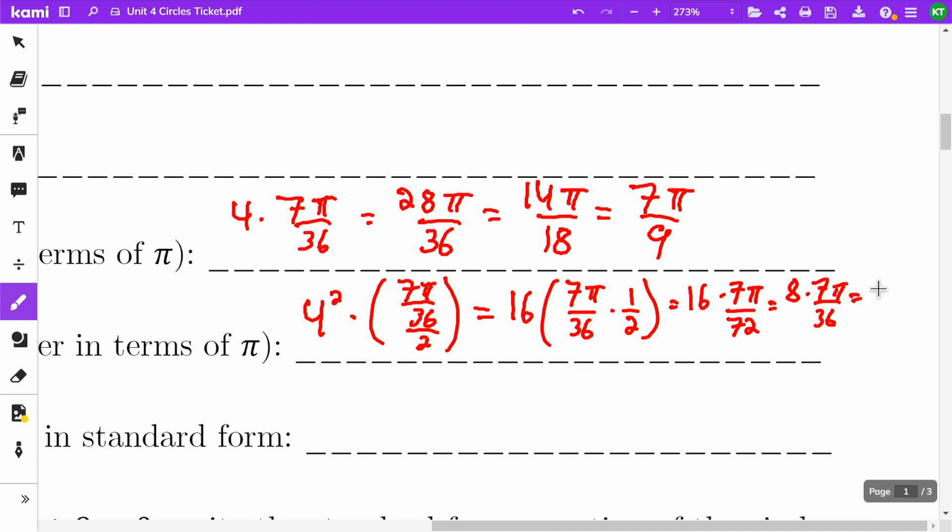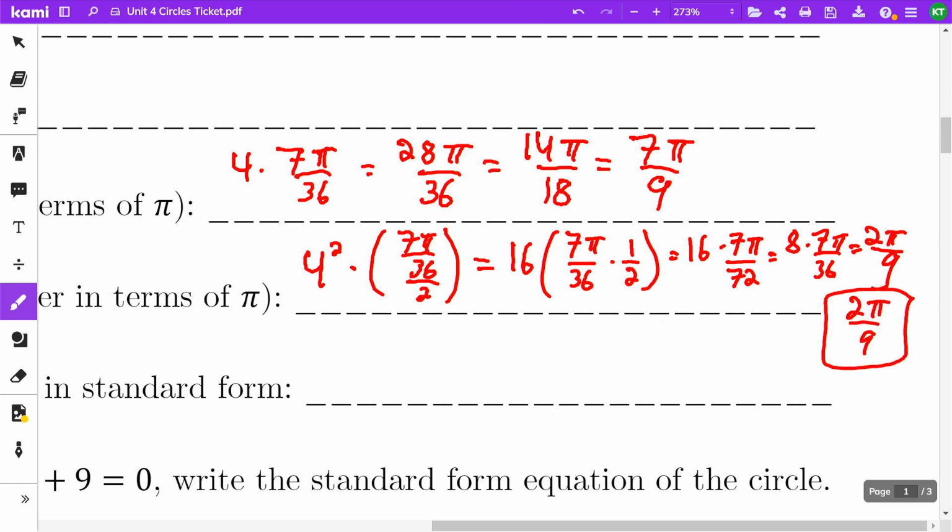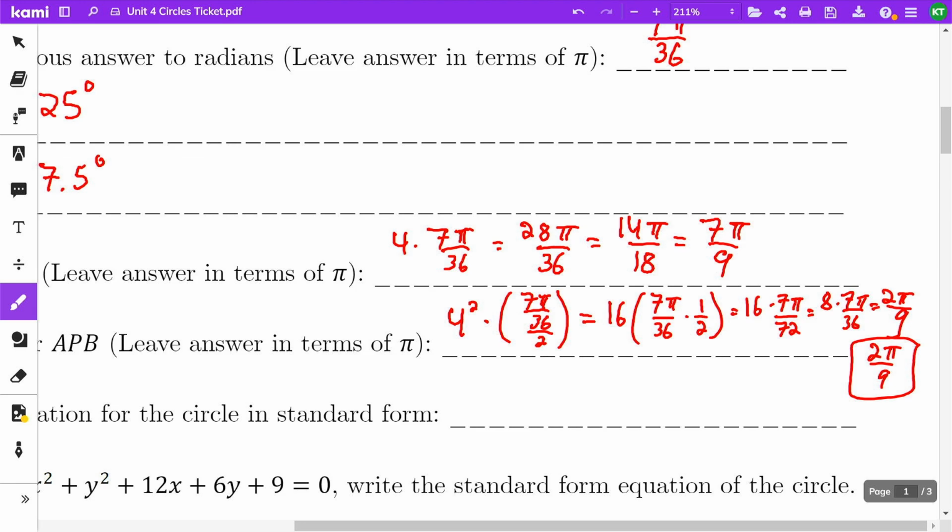So 8 divided by 4 is 2, times 7 pi over 36 divided by 4, which is 9. So I'm going to be left with 2 pi over 9 as my area of the sector. So 2 pi over 9, and that would be my final answer, leaving it in terms of pi.